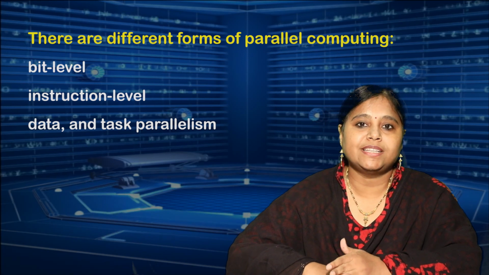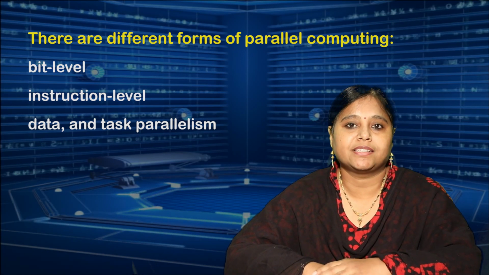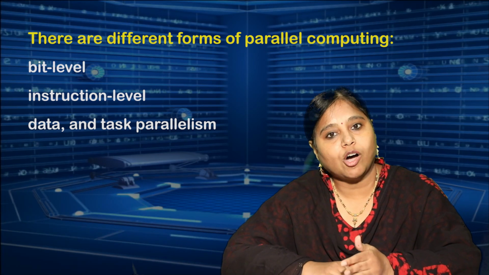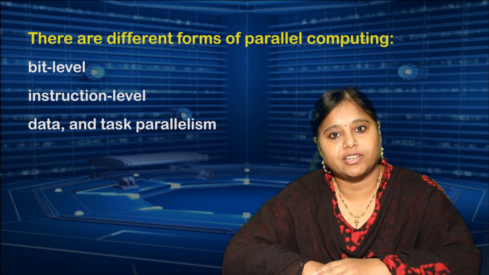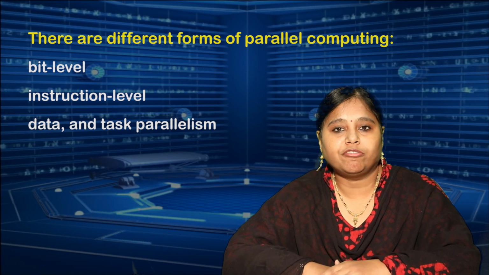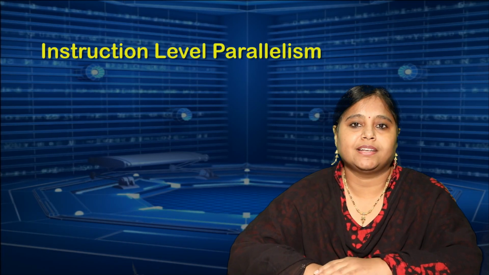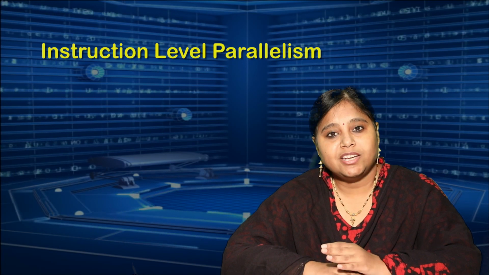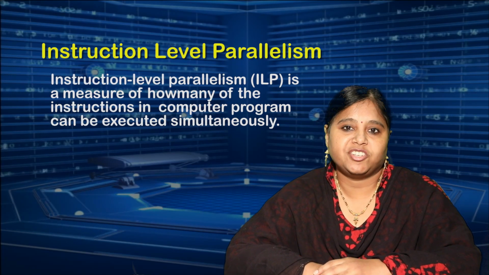We are mainly focusing on instruction level parallelism, how to implement it, and how we can analyze it. In short form, it can be called ILP. Instruction level parallelism is a measure.